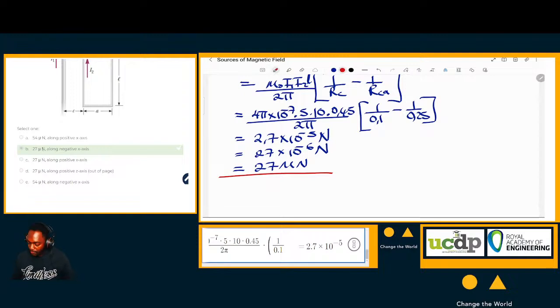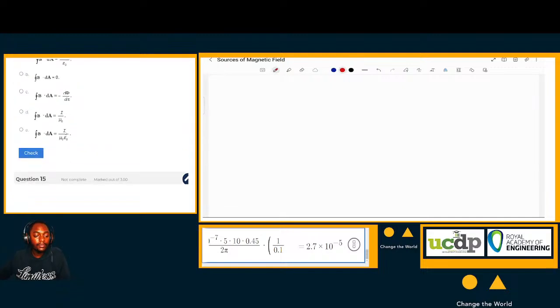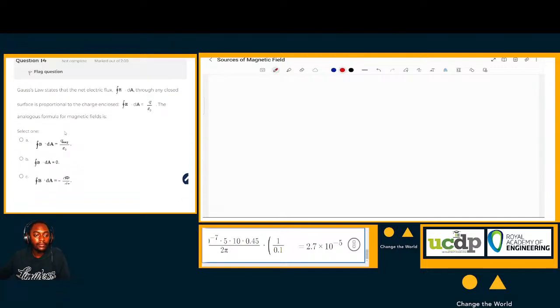Let's move to question 14. Just scroll there. So Gauss' law states that the net electric flux through any closed surface is proportional to the charge enclosed.